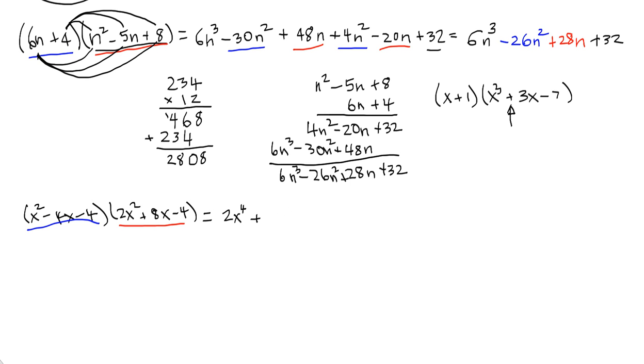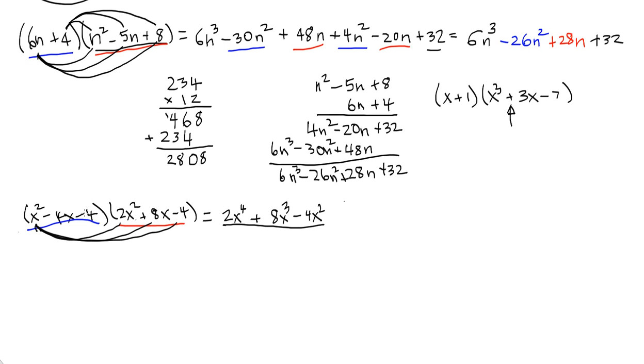No, you didn't. Okay, let's go back to where we were. X squared times 8x is 8x cubed. That's better. X squared times negative 4 is negative 4x squared. So there's our first term times each term in the second parentheses.